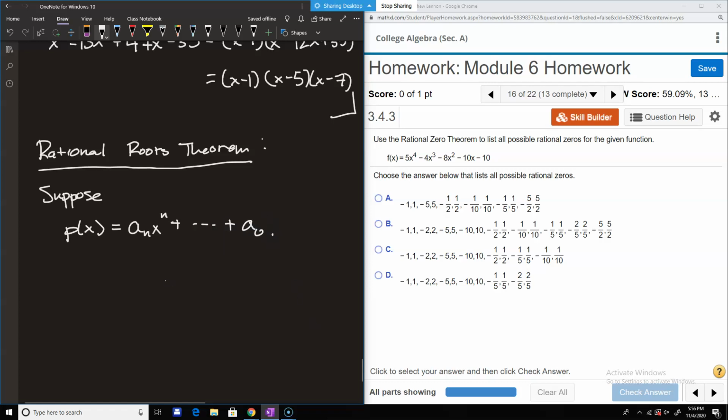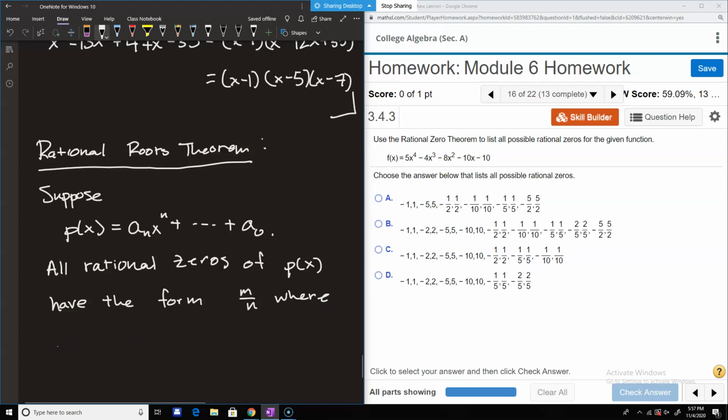So the statement says all rational zeros, right, and this is zeros without the e, because this is the noun, of p of x have the form, let's say m over n.